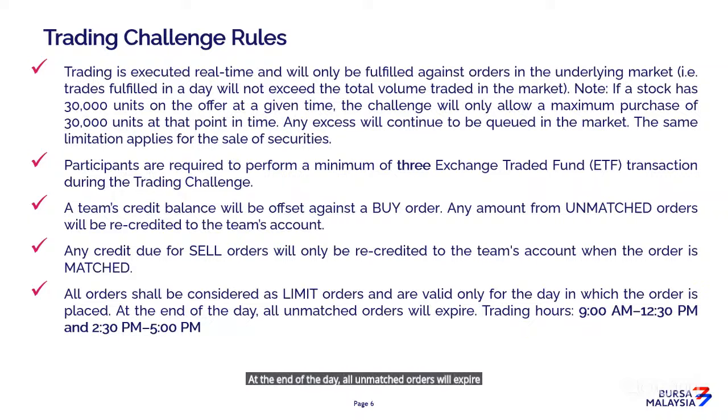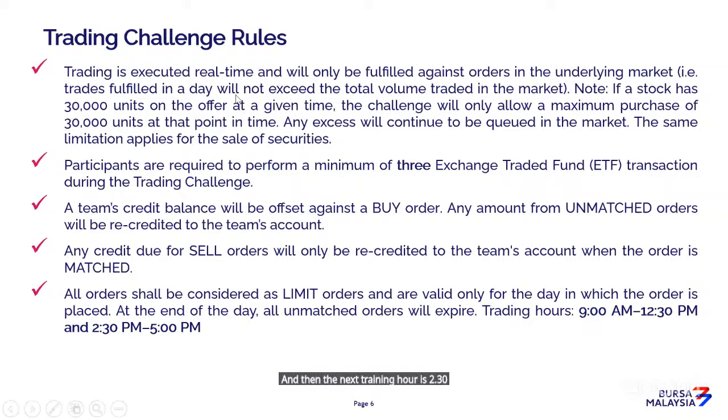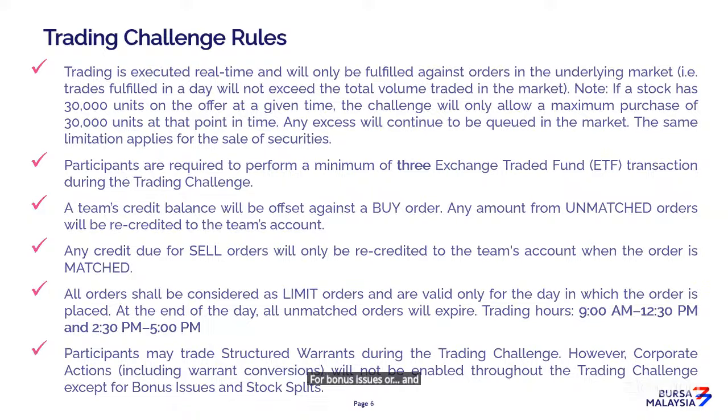So you have to remember the trading hours will be 9 a.m. to 12:30 p.m., and then the next trading hour is 2:30 p.m. to 5 p.m. Right? And lastly, the participant may trade structured warrants during the trading challenge. However, corporate actions, including warrant conversions, will not be enabled throughout the trading challenge except for bonus issues and stock splits.